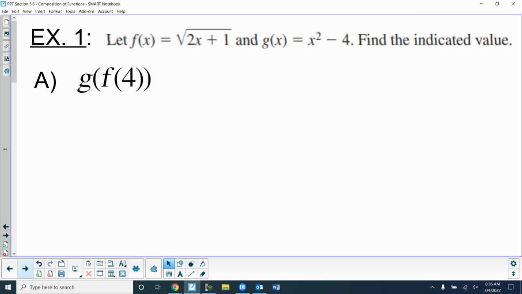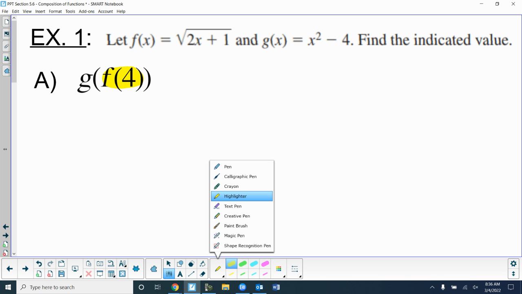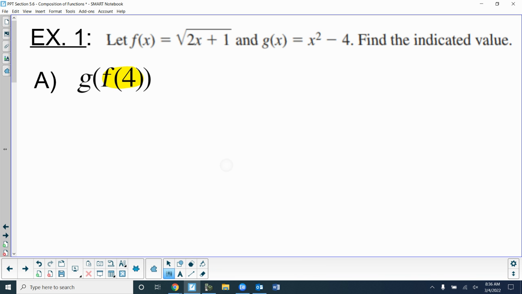All right, so this is the composition g of f of 4 is what we're doing. g of f of 4. So what we need to do is the f of 4 first. Do that problem, and whatever that answer is, then we put it into the g function. Okay? So it's like two parts.